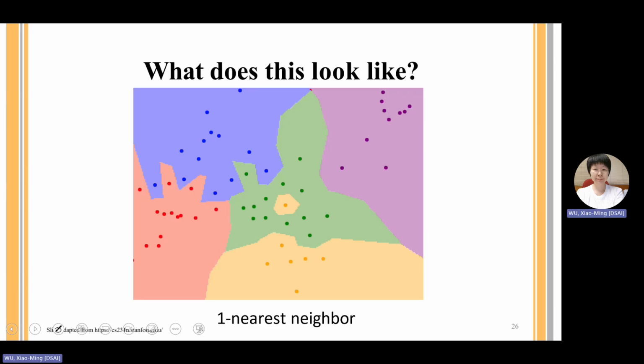On this image, we have 5 classes: the red one, the blue one, the purple one, the green one, and the yellow one. And these colored points represent training data.